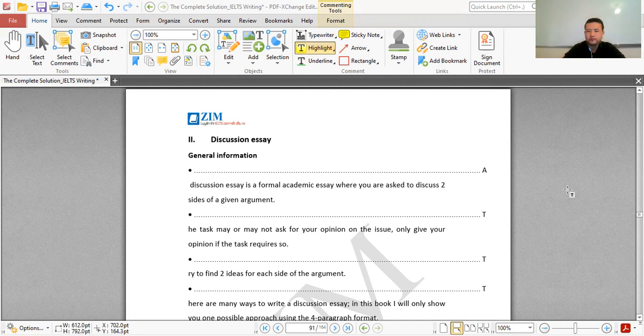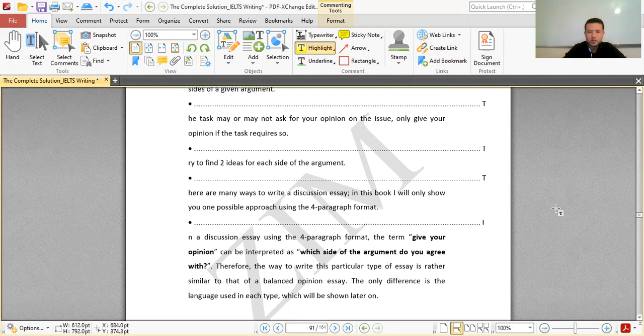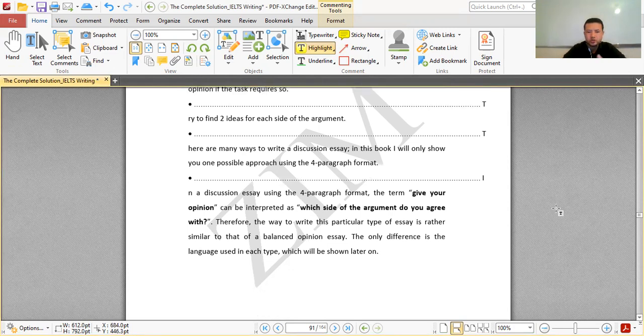And the next one, try to find two ideas for each side of the argument, for body paragraph one and body paragraph two. You have to find two ideas. Next, the discussion essay is a four-paragraph format: the first one is the introduction, then two body paragraphs, and the conclusion.